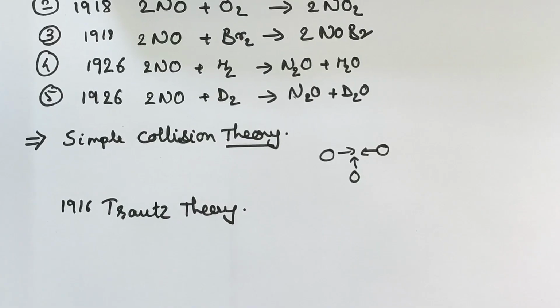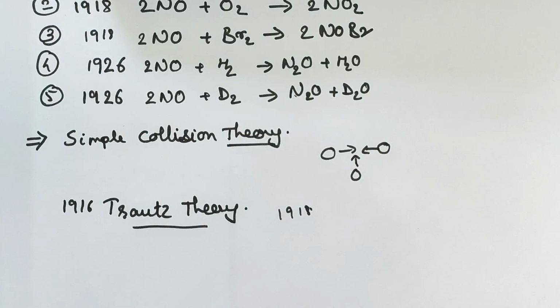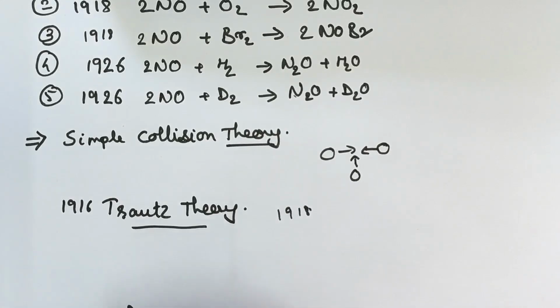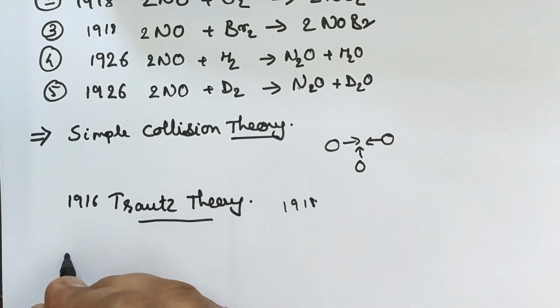He proposed in 1918 that the reaction takes place in two steps: first there will be a formation of an activated complex, and after that the complex will further react with one more molecule, and as a result the final product will be obtained.